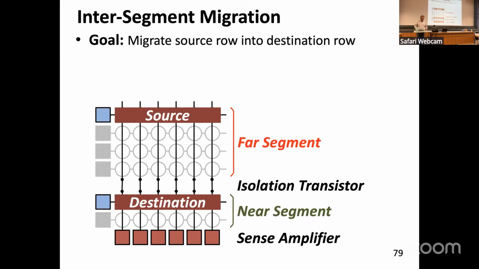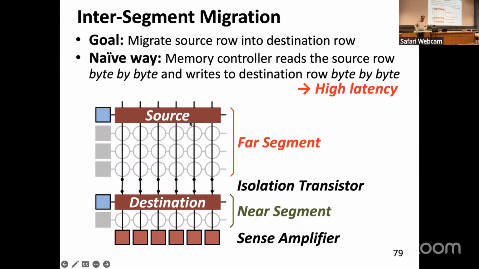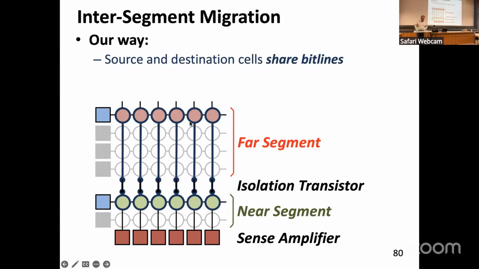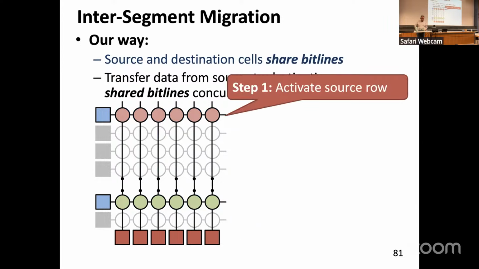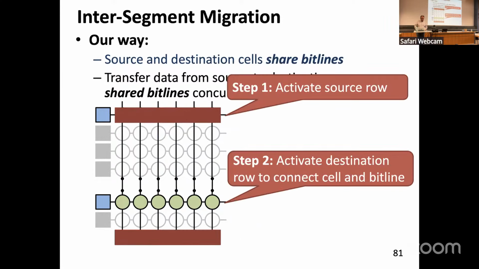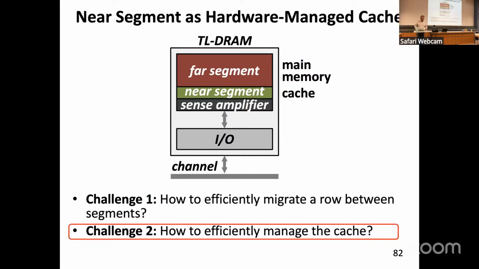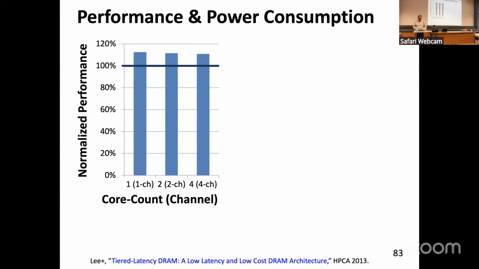So we already discussed this inter-segment migration. Basically, we need to connect these isolation transistors and then use essentially RowClone to do that. I'm skipping this part because I think you are all familiar with that. For challenge two, we did some LRU, for example, here.